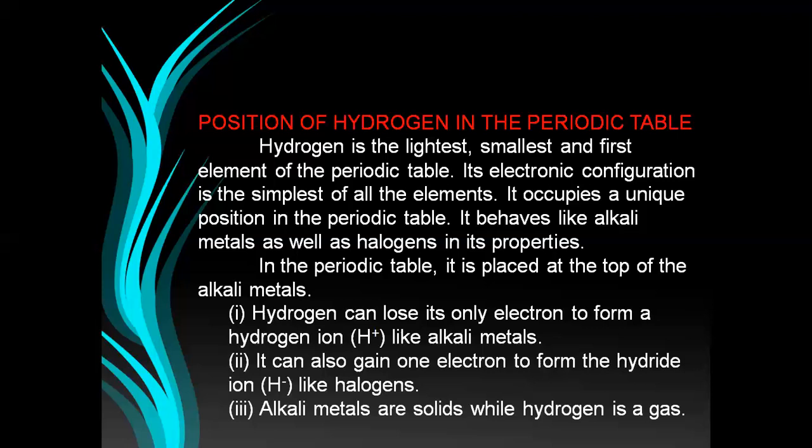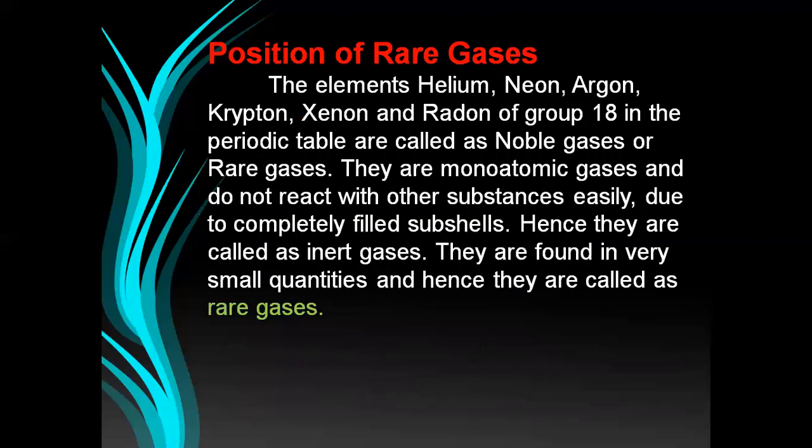Next we discuss the position of rare gases. Group 18 in the modern periodic table is called noble gases or rare gases because these gases are monoatomic gases. The rare gases, that is group 18, are helium, neon, argon, krypton, xenon and radon.